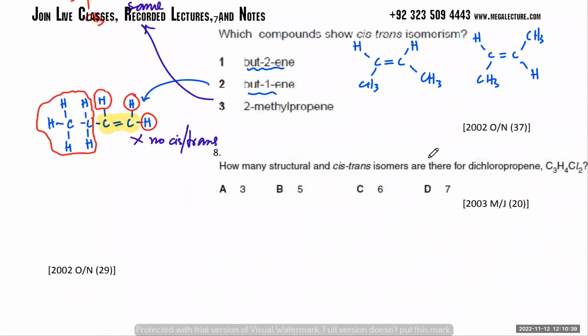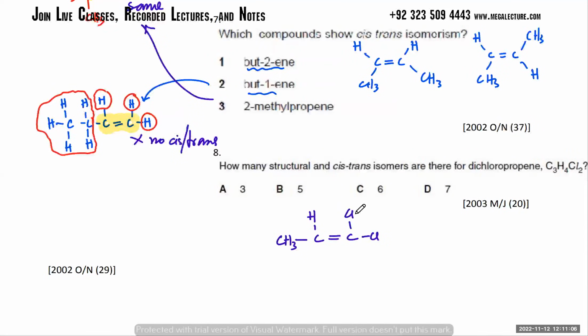It's asking how many structural and cis-trans isomers there are for dichloropropene. Propene is where are the structural? Okay, he's saying I've got two Cls, right? So those Cls are over here. There's an H and there's probably three H's with this one. So that's C3H4Cl2, right? First, I'm just going to focus on structural.